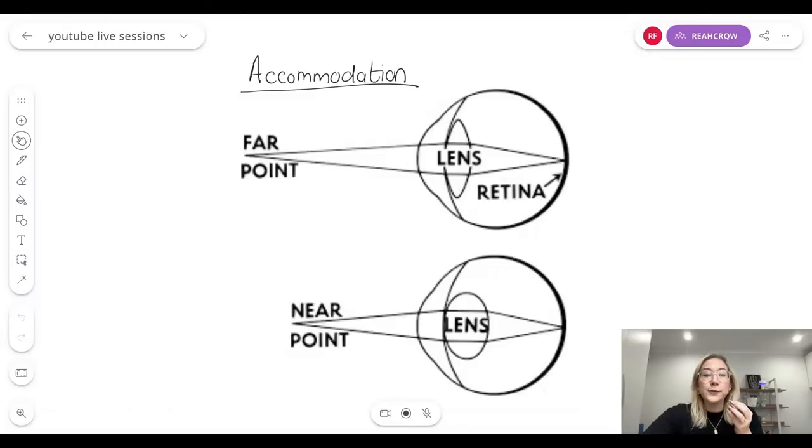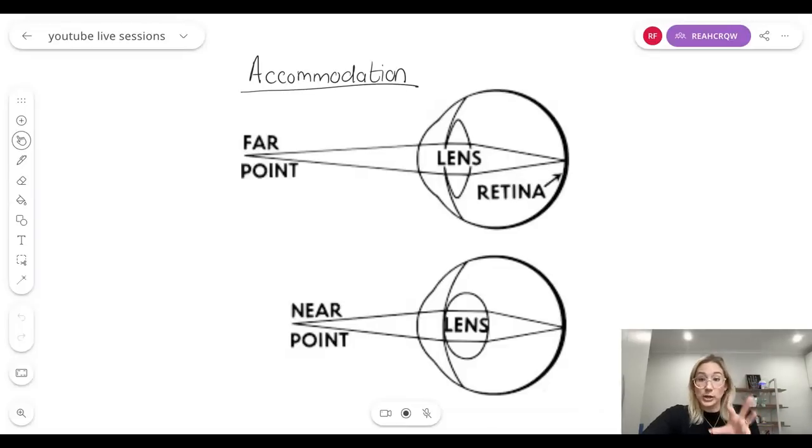And if you think about it, you've got the vitreous and you've got the aqueous. Vitreous, I want you to think of like viscous, which means like thick, okay? Thick. Aqueous, I want you to think more watery, all right?